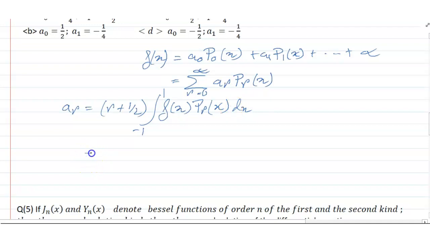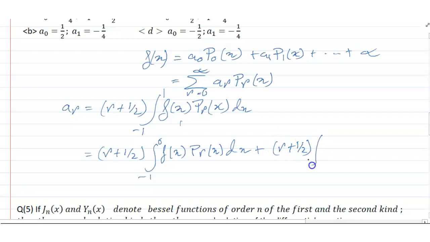Now I just change the order: r plus half integral from minus 1 to 0 fx prx dx plus r plus half integral from 0 to 1 fx prx dx. So friends, this portion is 0.